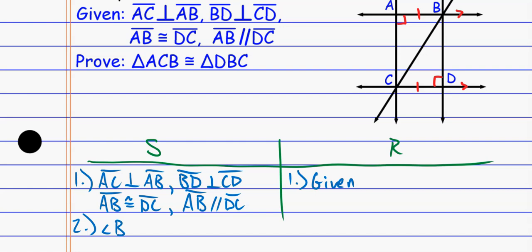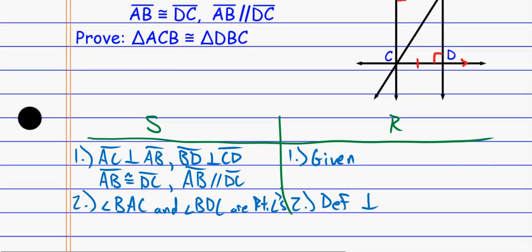Let me state it this way so it's a little less to write: BAC and BDC are right angles. Okay? And I can say that because that's the definition of perpendicular lines.